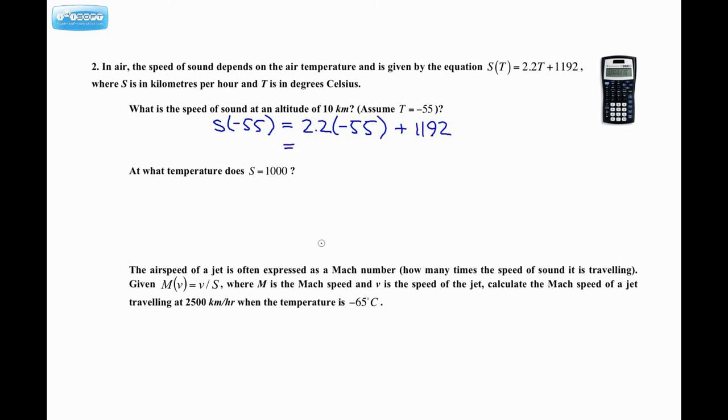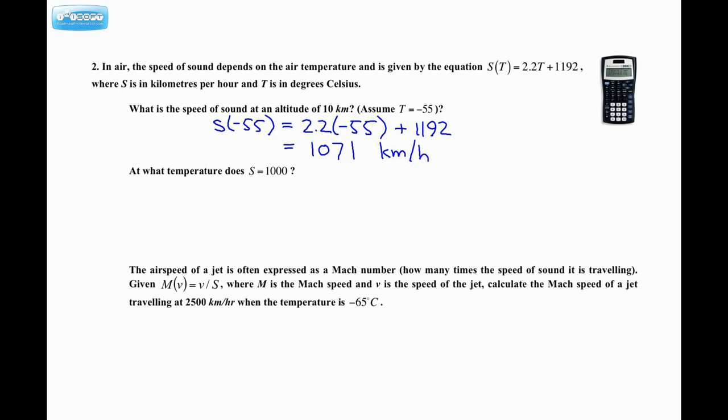Okay. And 2.2 times negative 55, we get negative 121, but we have to add 1192, so that is 1071. Okay, and this is in kilometers per hour. There we go.